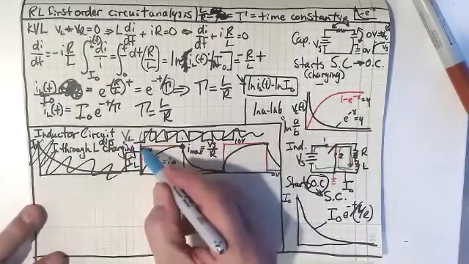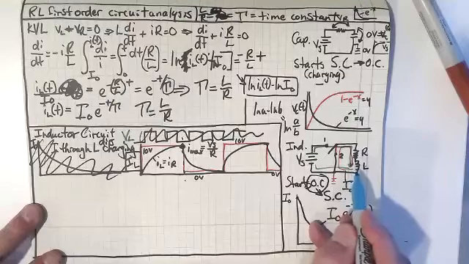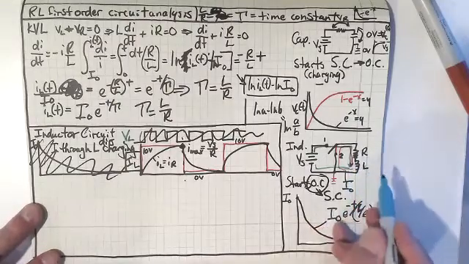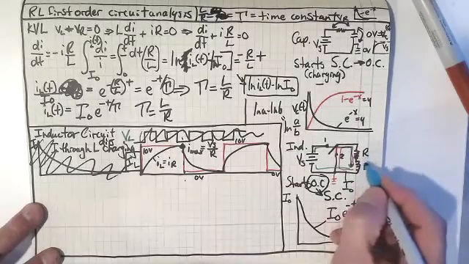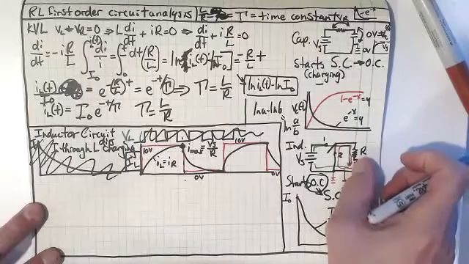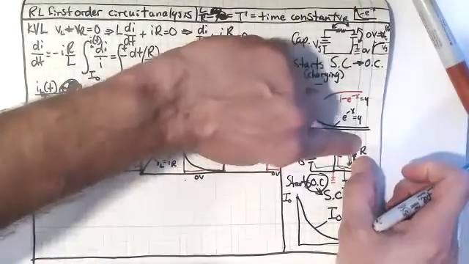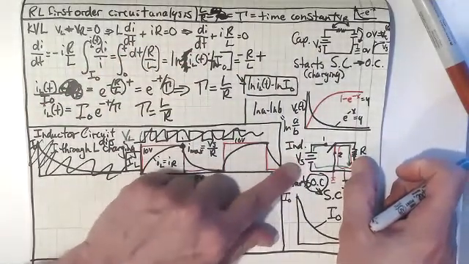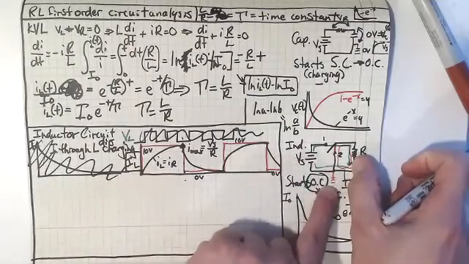So I would start at 10 volts because doesn't the inductor start, if it's got nothing in it, if it's not charged in any way, doesn't it start as an open circuit? That's right. So if it's an open circuit, just take it out of the circuit. What would the voltage be? Well, the voltage on top here at that resistor, because the circuit's not closed, would just be V sub S. And then on the bottom, well, it's ground.